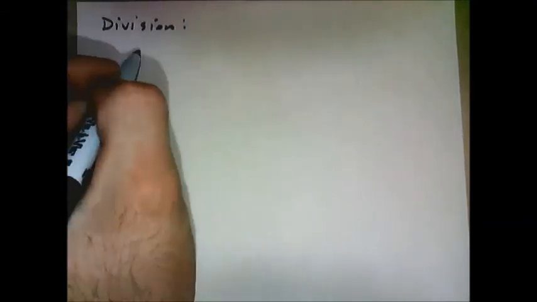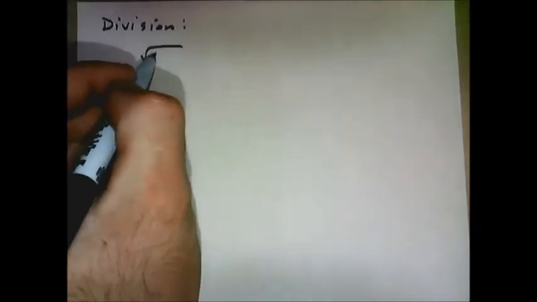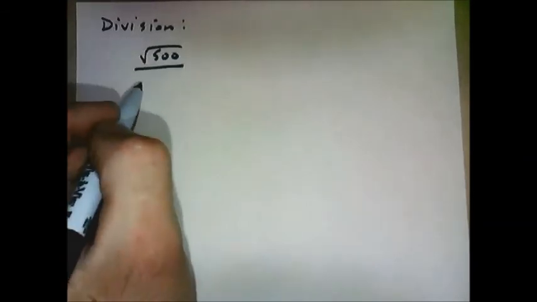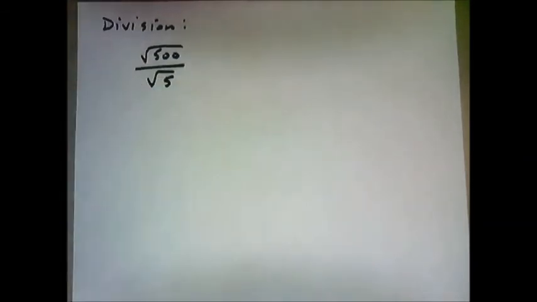Now let's go ahead and move on to division. In division, it's not all that complicated at this point either, because we're going to work with some fairly nice numbers.